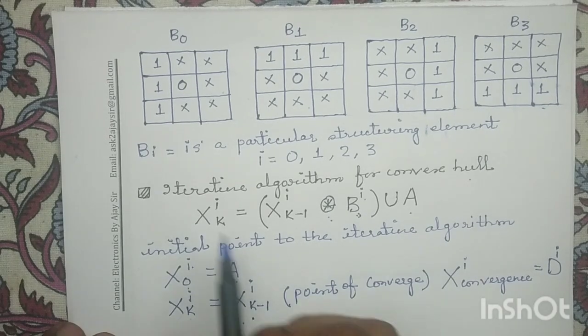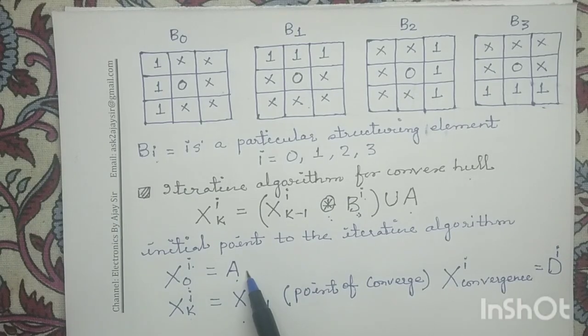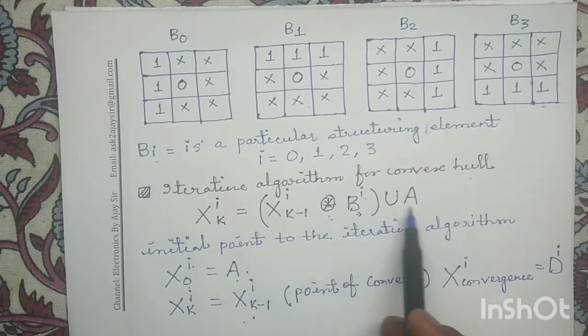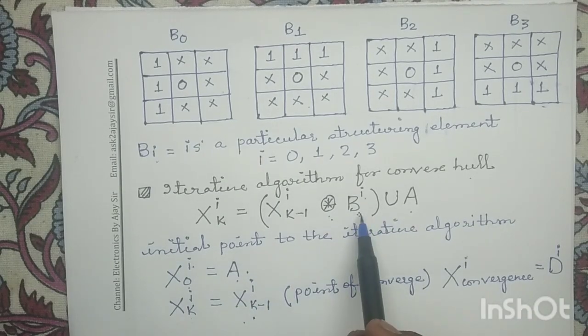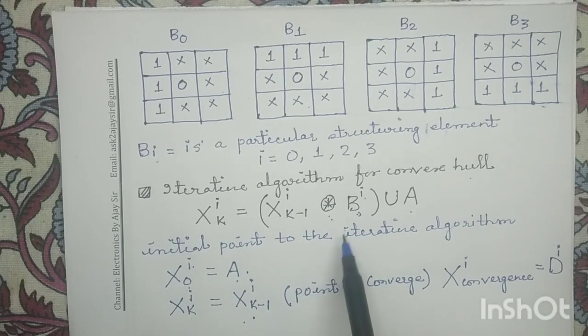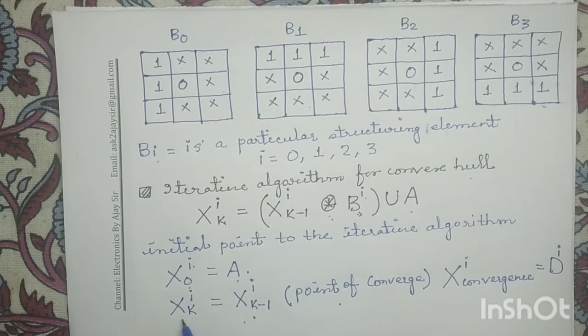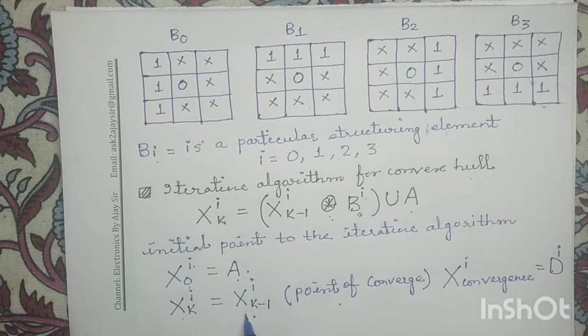For a particular structuring element Bi, we initialize our iterative algorithm considering the original object set A. Then we perform this iterative hit or miss transformation till we get the point of convergence, that is, when two consecutive iterations give the same result.